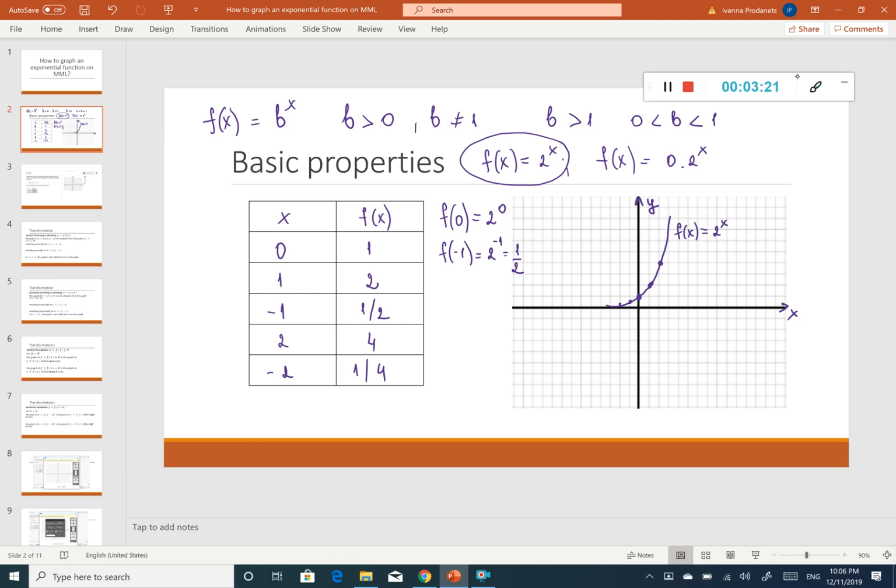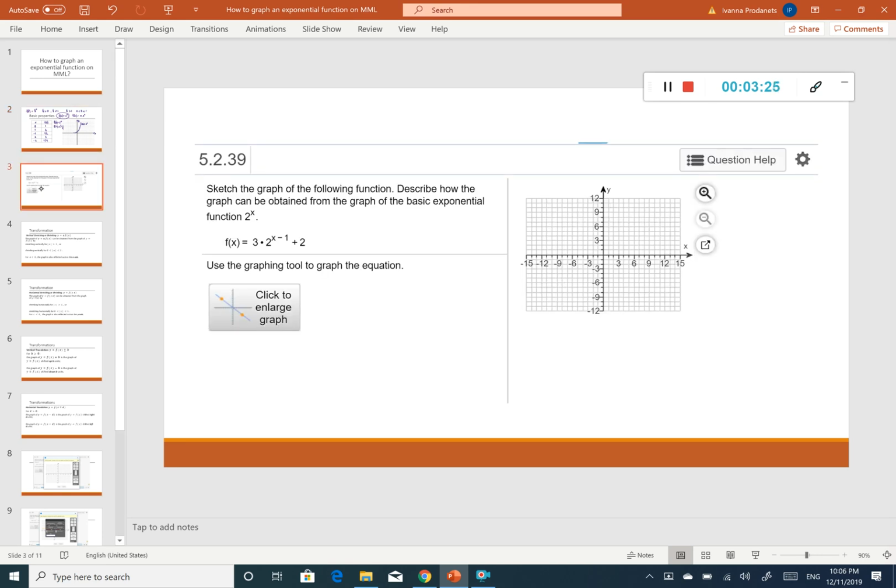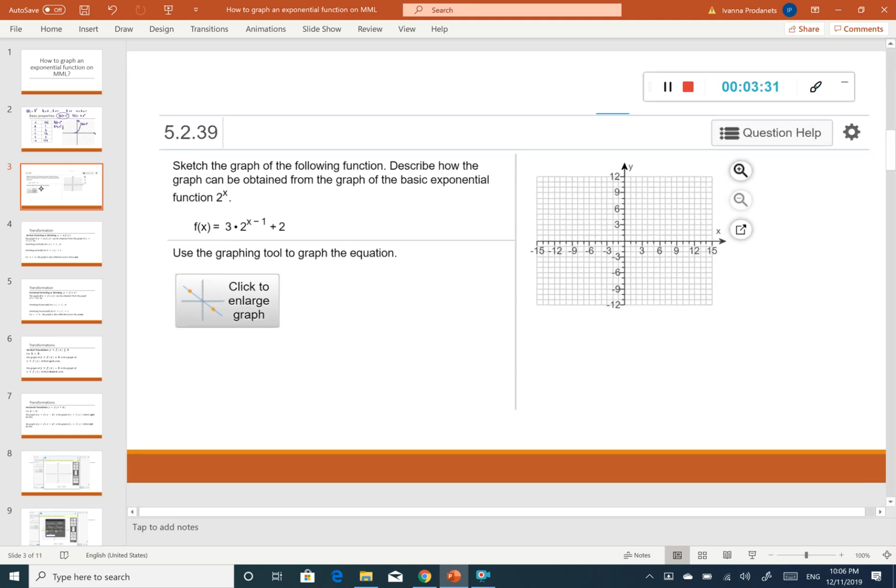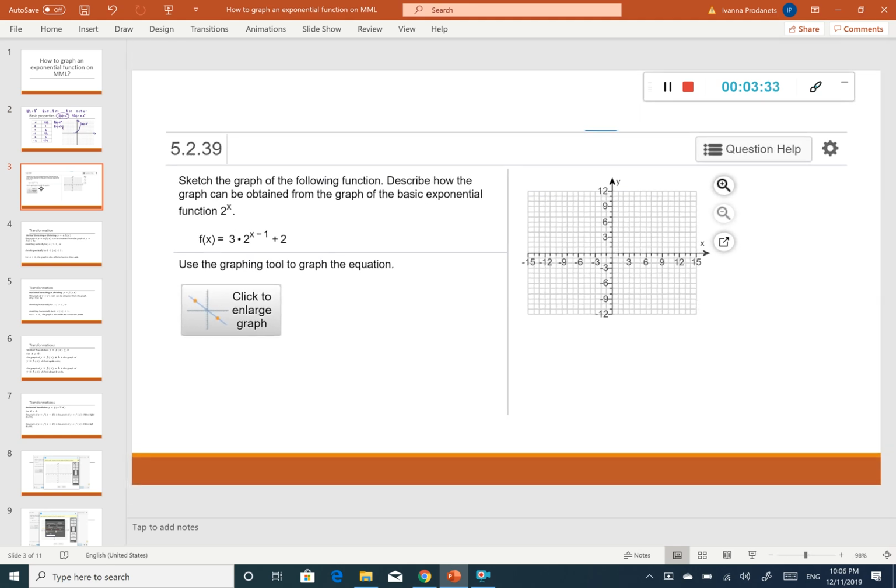Okay, so if you have a problem on mymathlab.com where you have to graph a similar function, but in this case your function is a transformed function, what we will be graphing on mymathlab.com will be f of x is equal to 3 times 2 to power x minus 1 plus 2.